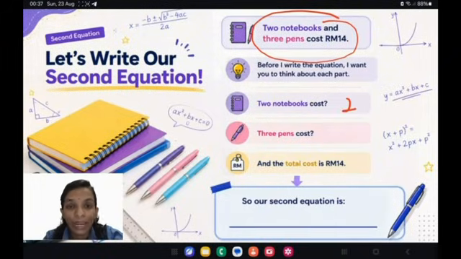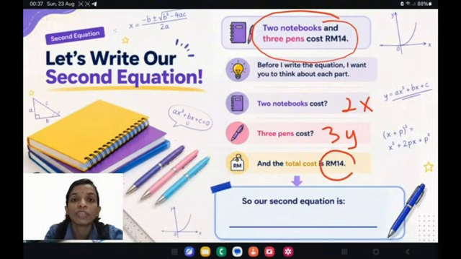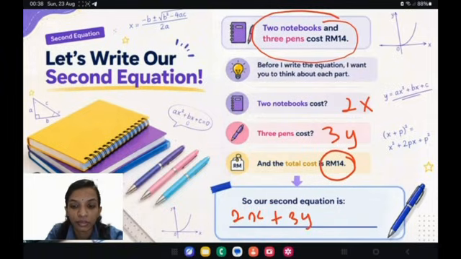And the three pens cost 3y. So the total cost is RM14. Good. So our second equation is 2x plus 3y equals 14. RM no need to write lah.